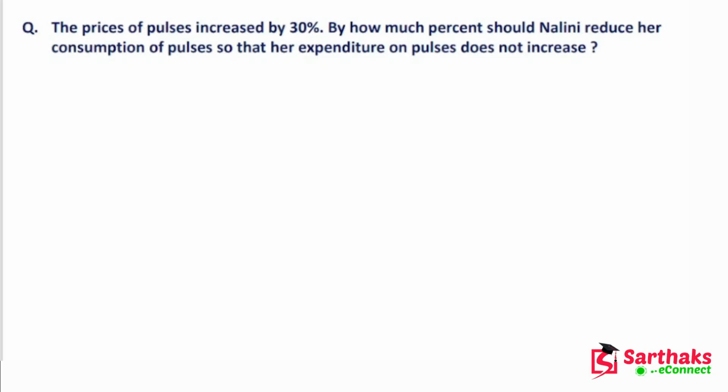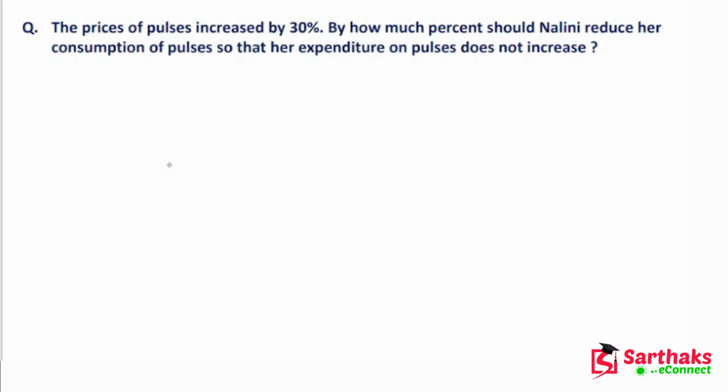So if she does not want to spend 30 rupees extra, she has only 100 rupees to spend, then she has to reduce the consumption of pulses. Okay, if she was taking 1 kg, she has to reduce it. So what is the reduction percentage? How much percent must she reduce eating the pulses so that the expenditure on the pulses remains the same? So I think you all got the question. So let us start the question.